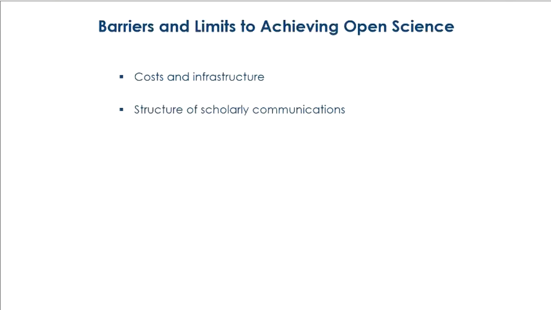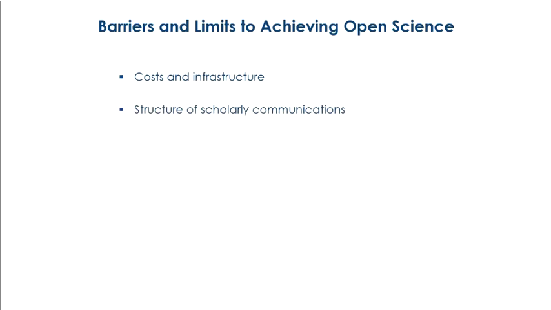The barriers and limits to achieving open science include the costs and infrastructure, and this will be discussed more with the discussants. For example, making data accessible over a longer term requires IT infrastructure and a commitment to keep those things available.